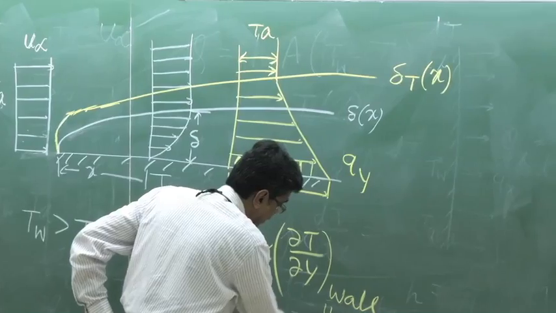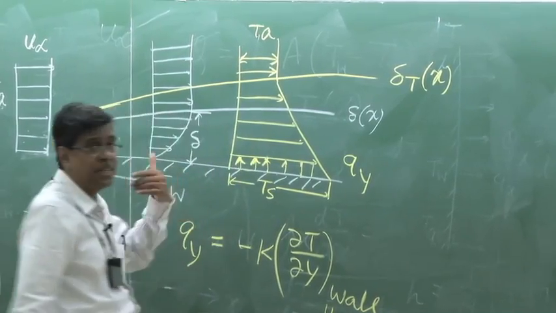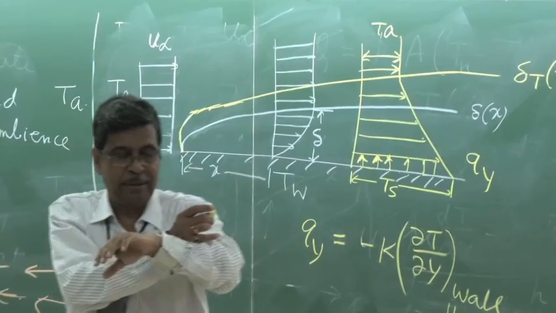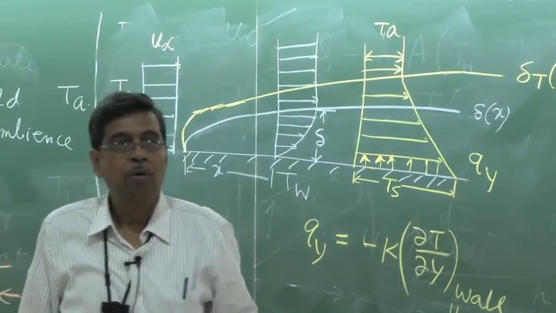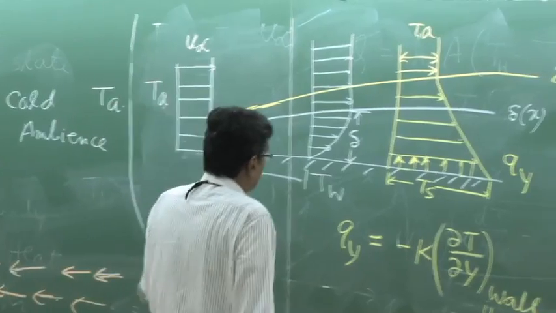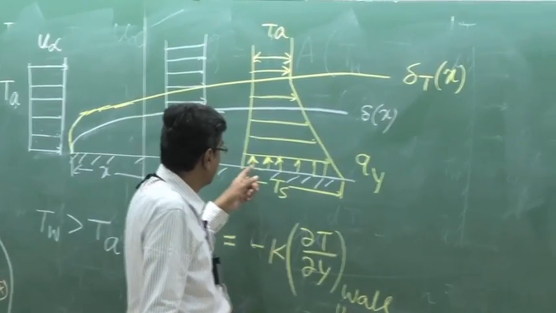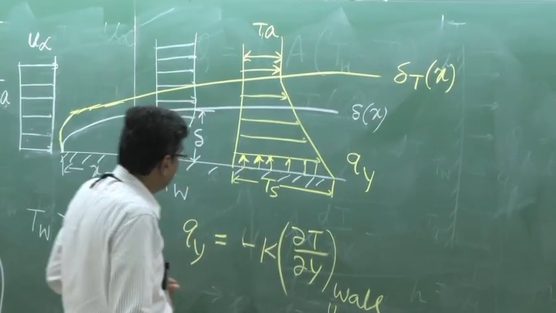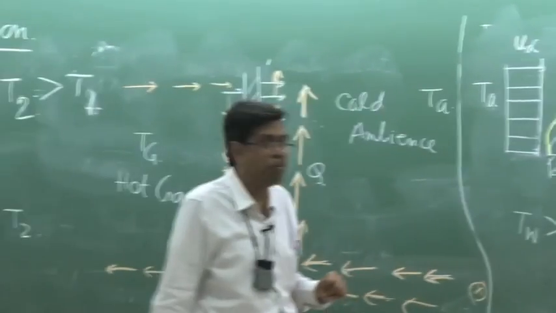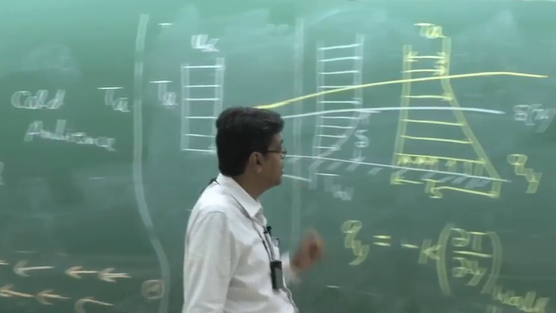That means Y is equal to 0. That means there is no other mode, pure conduction, which is not affected by the flow, because there is no flow. This is the conduction mode of heat transfer from the surface.